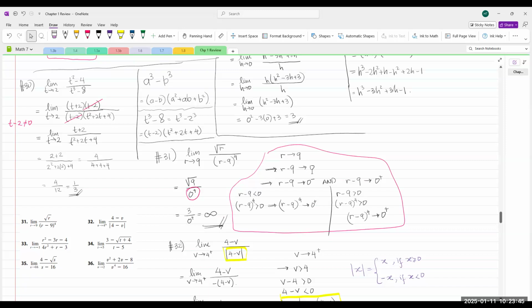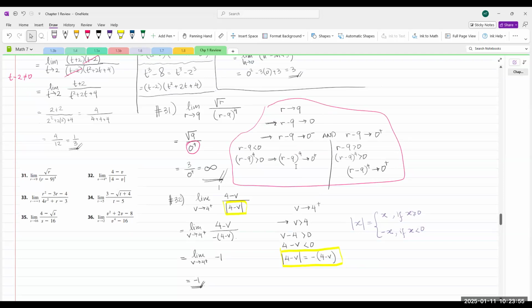Because there is no notation of approach from left or right, I need to consider both cases. In both cases, what will happen to r minus 9 to the 4th? Because both of them go to 0 positive, when we plug that in, we get positive infinity.